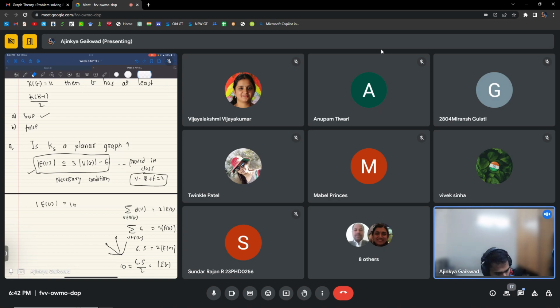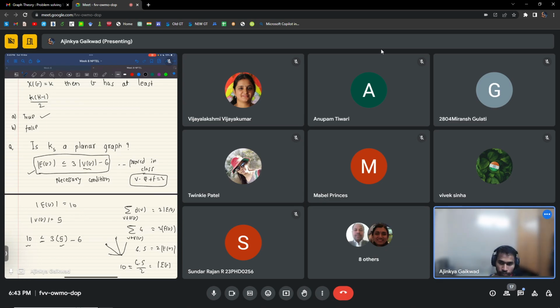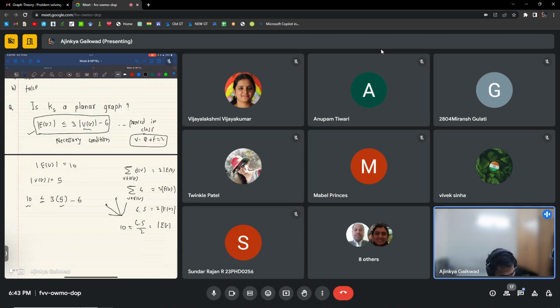I hope this is clear. And how many vertices are there? 5, because this is a complete graph on 5 vertices. So K5 doesn't satisfy this inequality, because it would mean 10 is less than or equal to 3 into 5 minus 6. I'm plugging in E of G equals 10 and V of G equals 5, so 10 is less than or equal to 15 minus 6, which is 9.